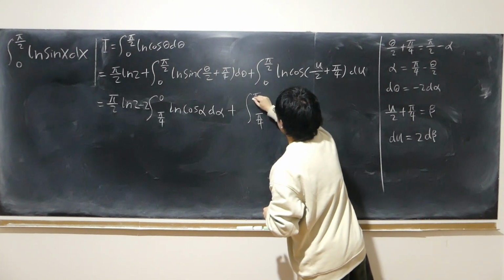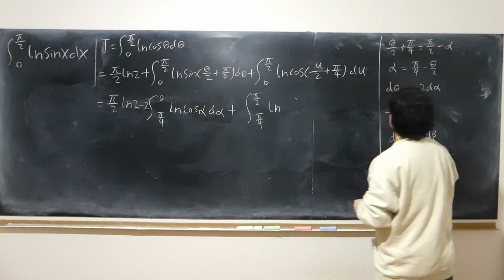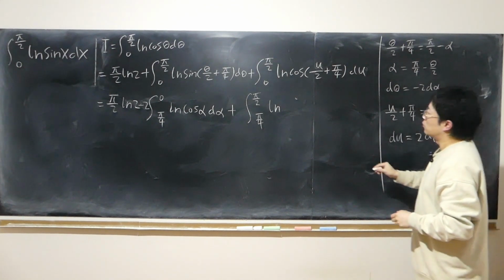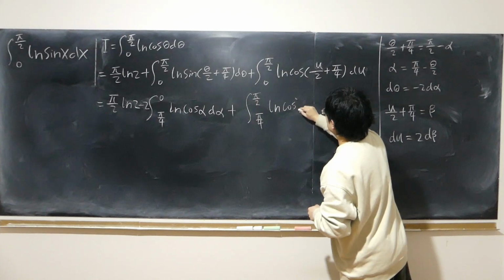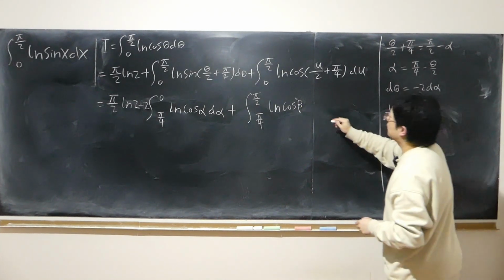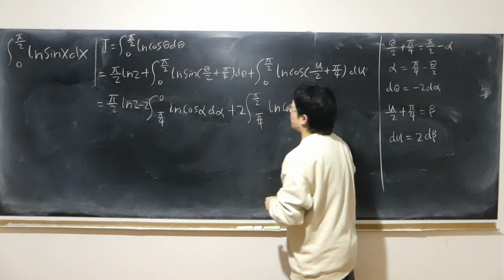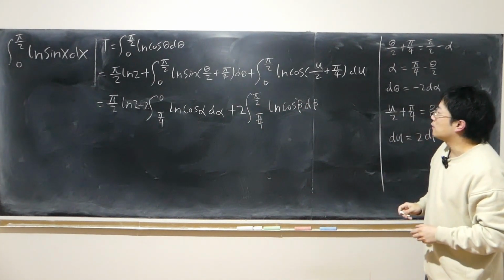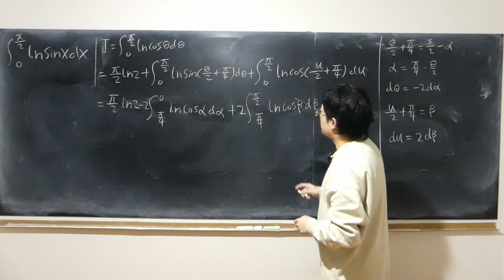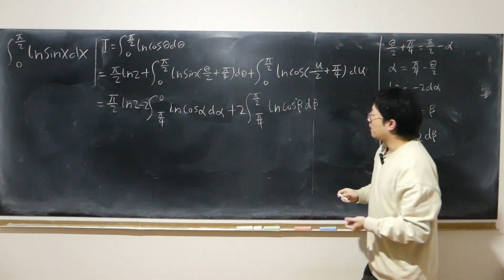So log cosine beta, cosine of the new angle. du becomes 2 d beta. So here we have exactly the same integrand, log cosine.